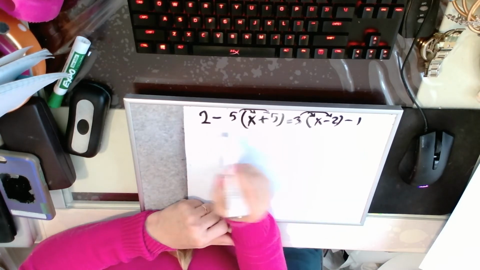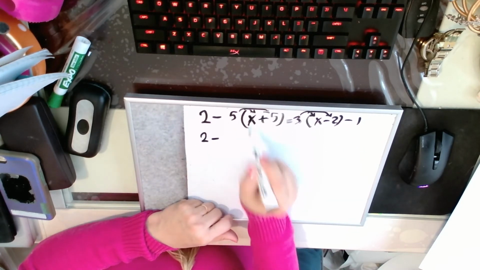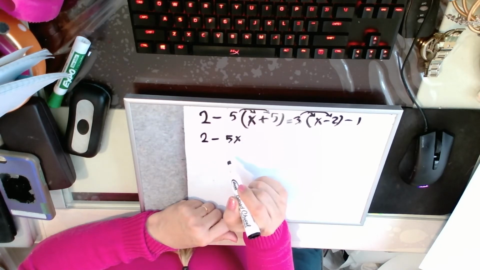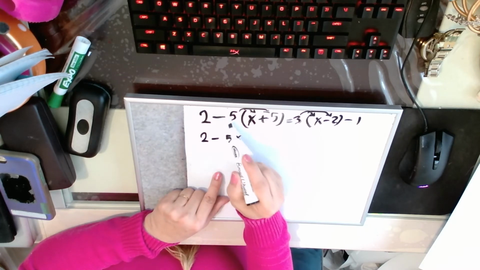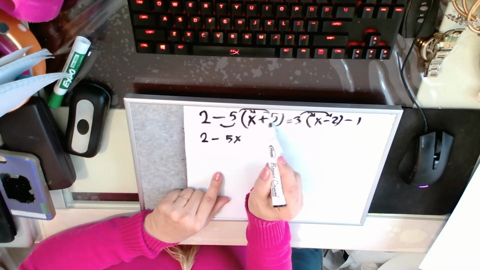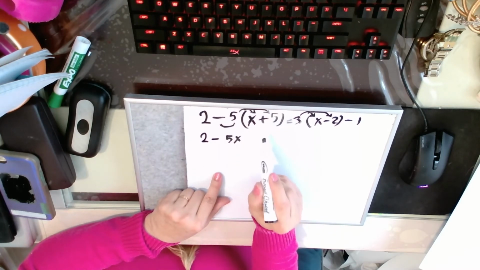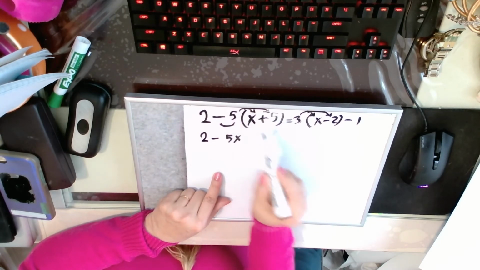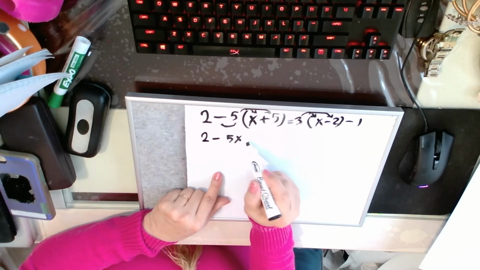So minus 5 times x is minus 5x. Remember this is minus 5, so you will multiply minus 5 to these. So minus 5 times x is minus 5x. Now minus 5 times plus 5 is 25, but it's minus 25, right?